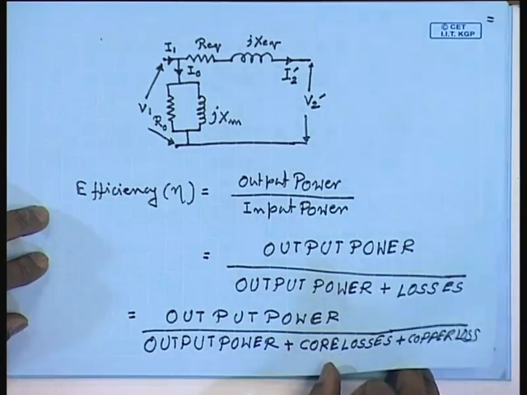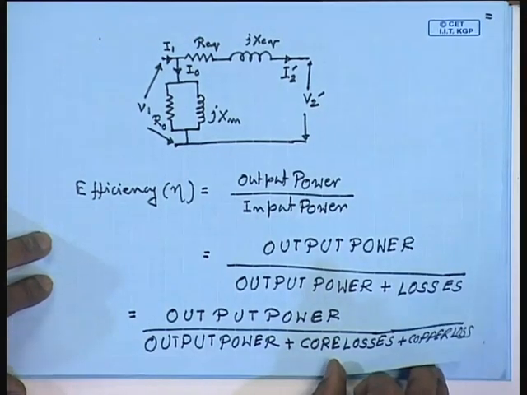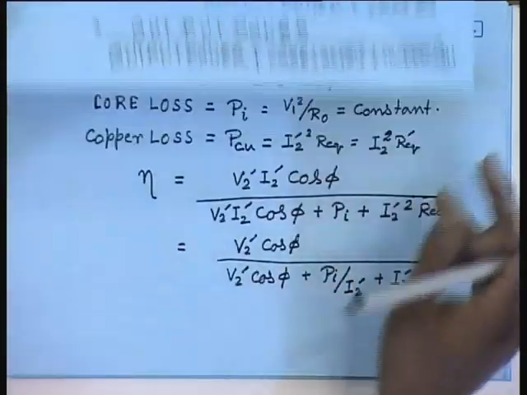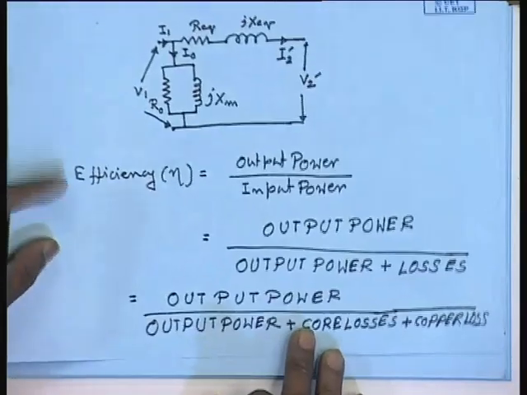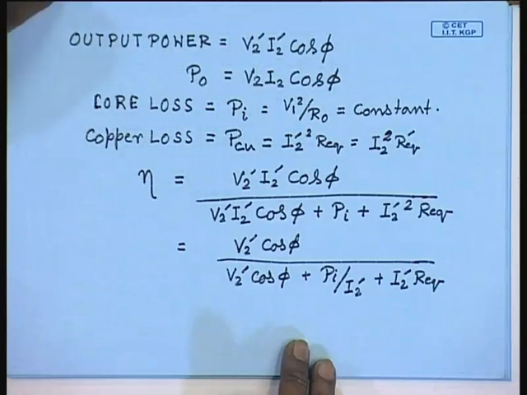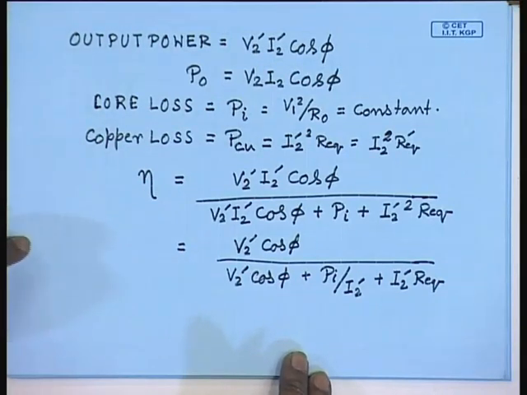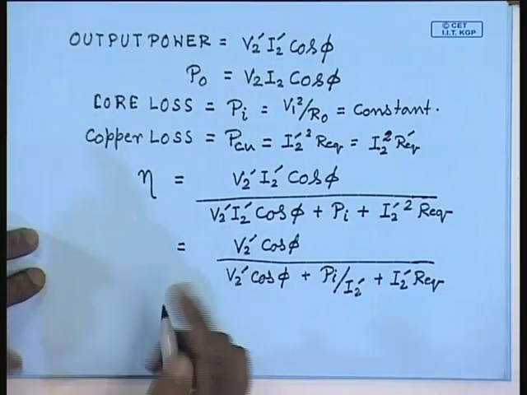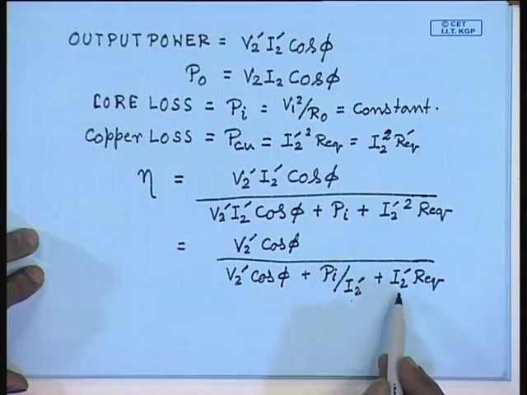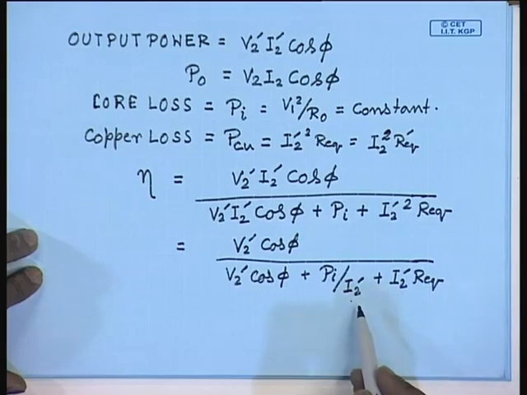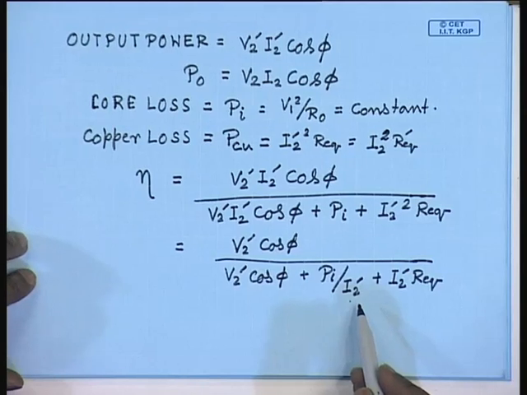So, for all practical purposes, V2 dash can be assumed to remain constant at its rated value. Furthermore, if we assume that the load power factor also is constant, then we can say that the efficiency depends only on the magnitude of the current I2 dash, and it will be interesting to find out at what value of I2 dash this efficiency becomes maximum.